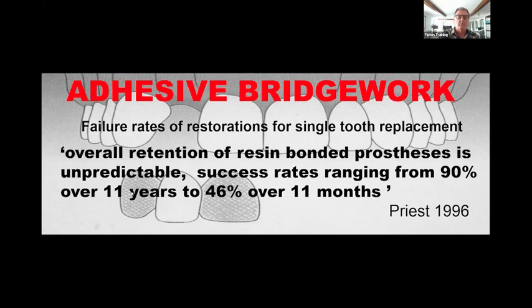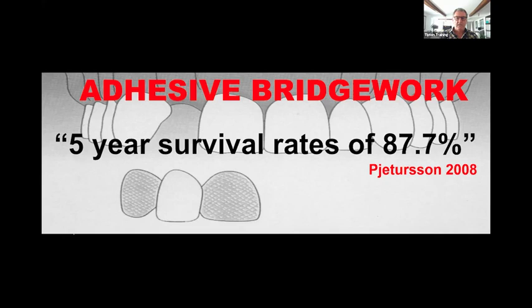So they range from really good success rates to really poor success rates. Look at this, a 46% success rate over 11 months. Those are some of the studies whereby dentists have not understood how to do these bridges. More recently, Peterson did a very nice study where he documented success rates of Maryland adhesive bridge work versus conventional versus single tooth implants.